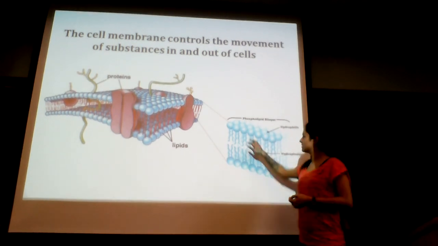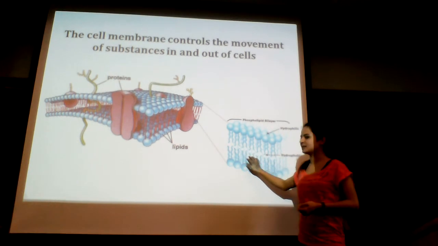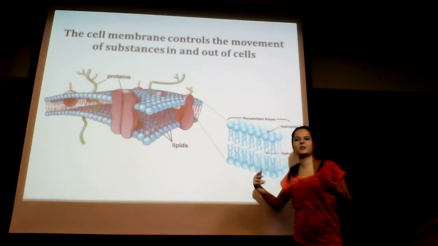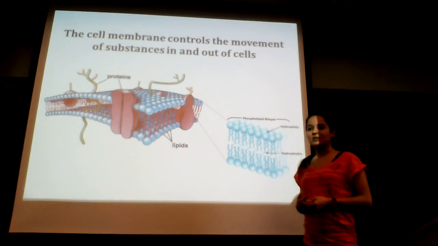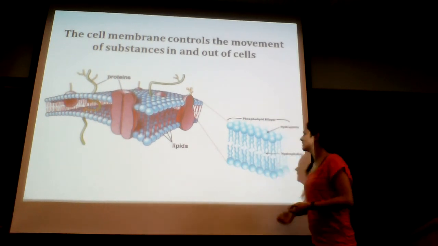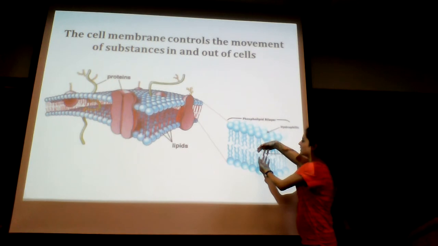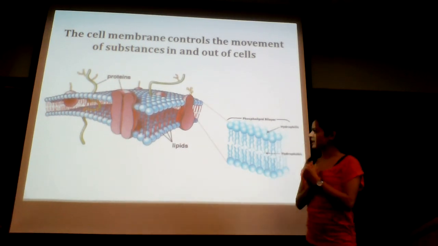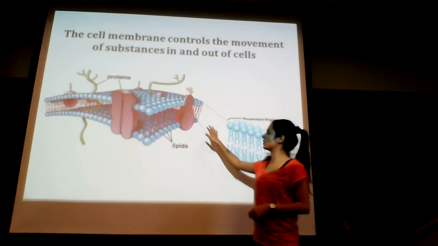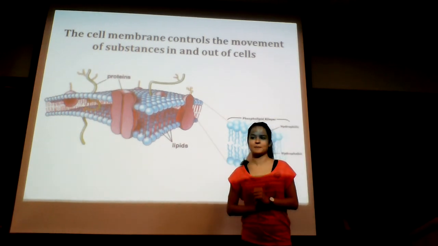On the other hand, the tail parts of these lipid molecules are water-fearing, or in other words, hydrophobic. They don't like to interact with water, therefore they tend to come together, and in this way they can hide themselves from water. In the cell membrane, there are also a variety of different kinds of proteins.